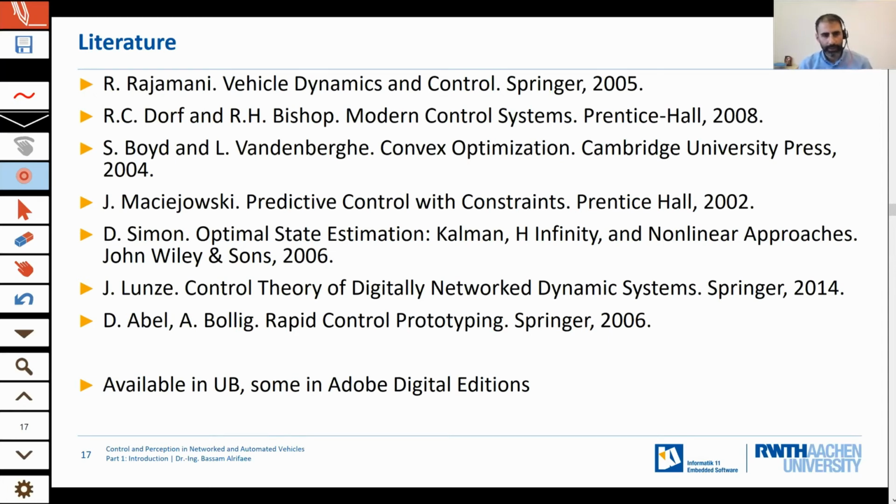The next one is about network systems. If you participate in this course, the materials you will get in this course are enough. If you would like to deepen your knowledge in network systems, this is possible using this book. The last one is about rapid control prototyping.